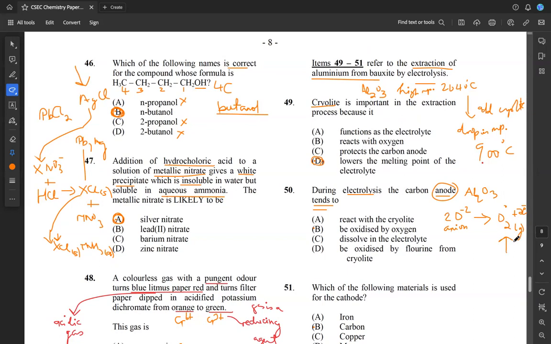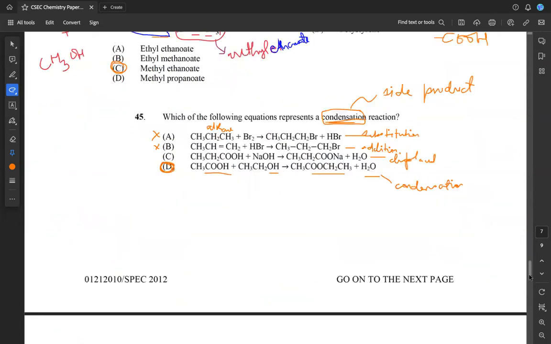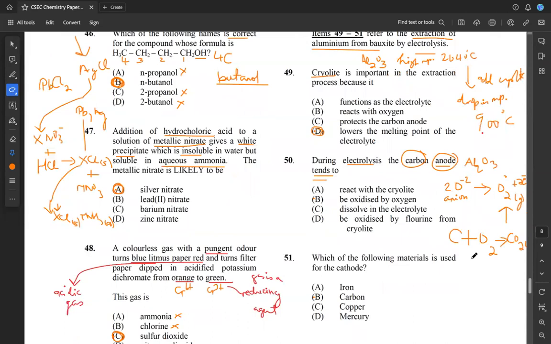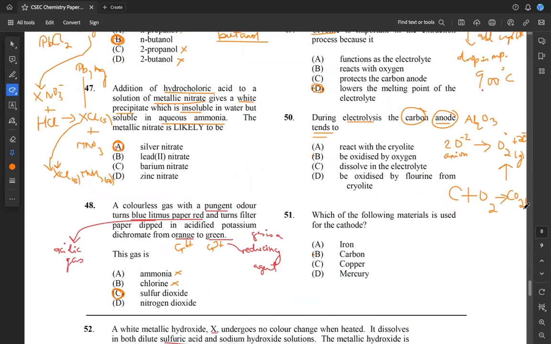What happens at the anode after that oxygen gas is formed is that the hot oxygen gas that comes off is going to react with the graphite anode, or the carbon anode. So the carbon anode reacts with the oxygen and we get carbon dioxide gas, CO2, forming at that point.